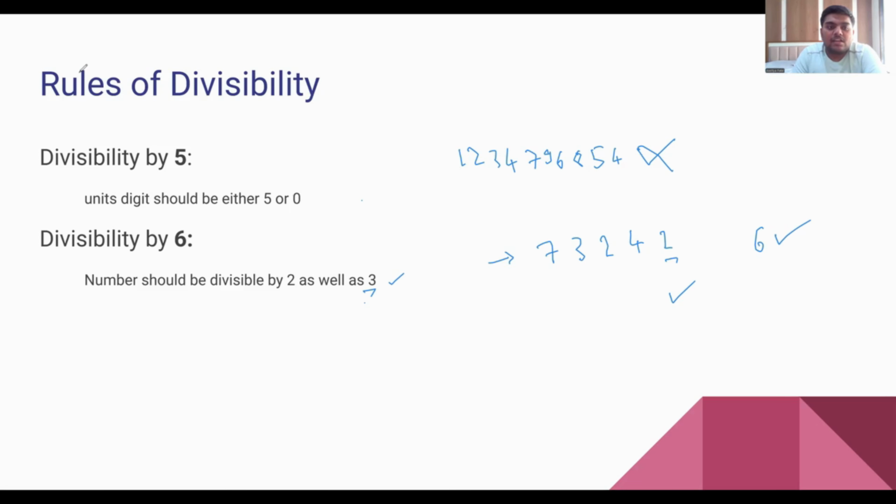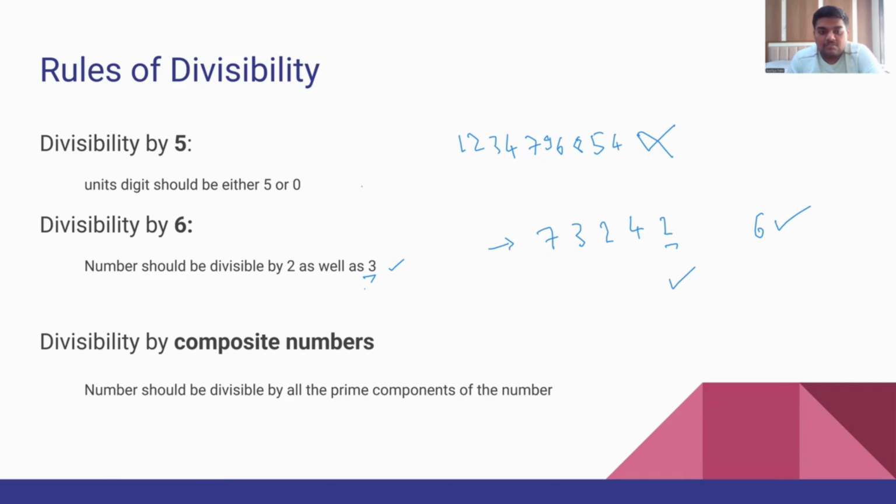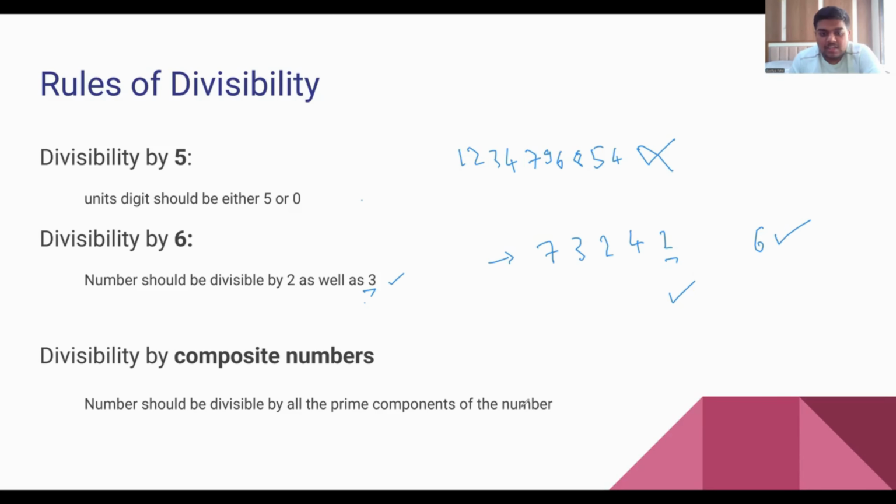In general, if you have to check the divisibility by composite numbers, then you break it into its prime factors, and it should be divisible by all its prime components. So if a number is equal to 12 and the given number is, let us say, 73248, we have to check the divisibility by 12.